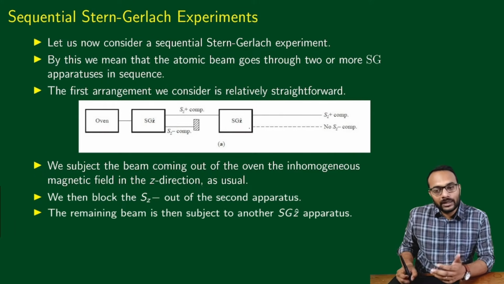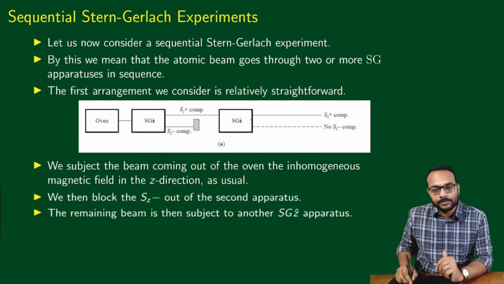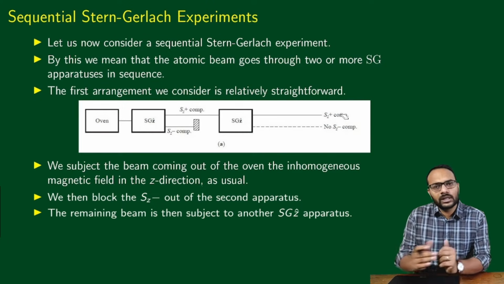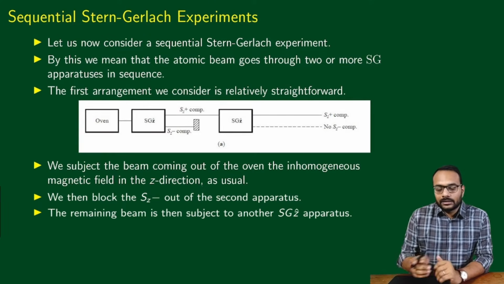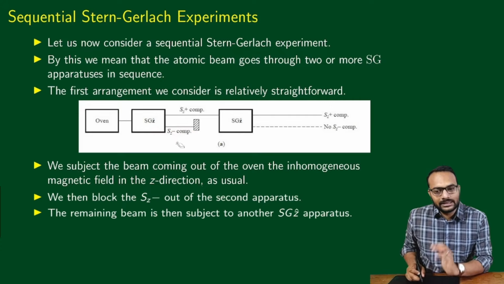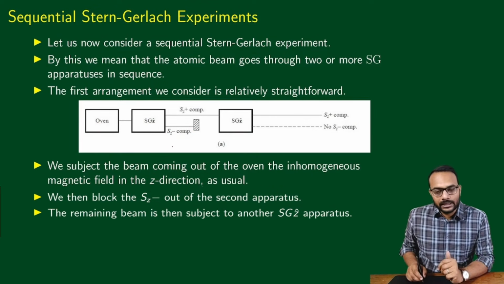And what do we expect? Obviously, out of the second SGZ hat apparatus, we get just one beam, the SZ plus component, because the other beam was blocked. There is no SZ minus component because we already blocked it. Remember that we are sending a large number of atoms here.